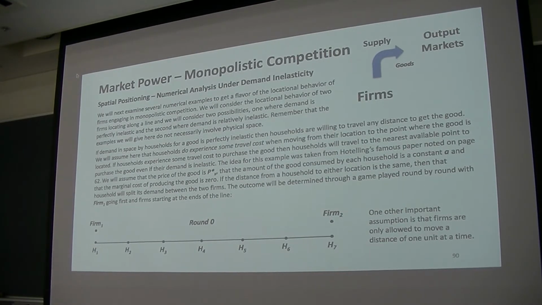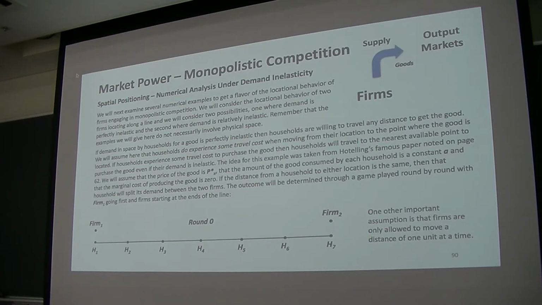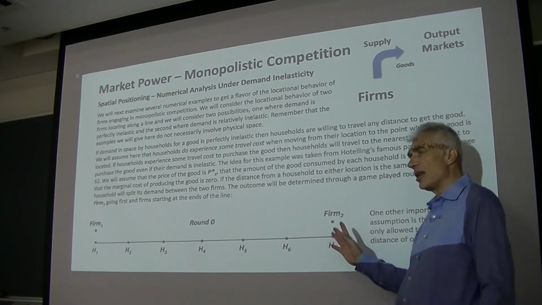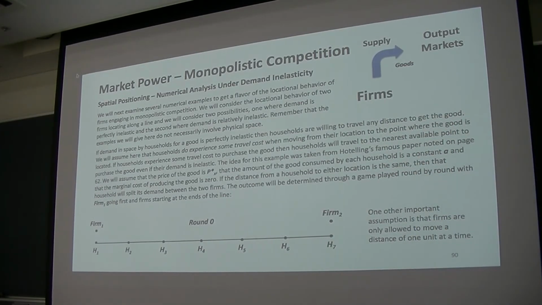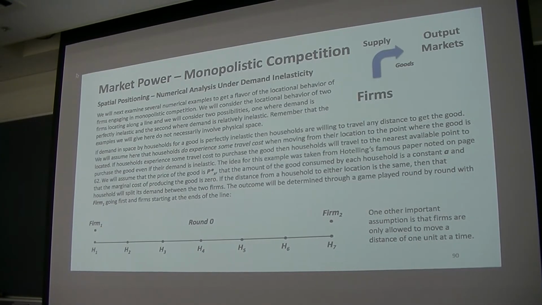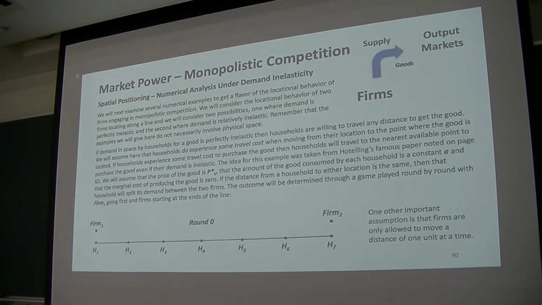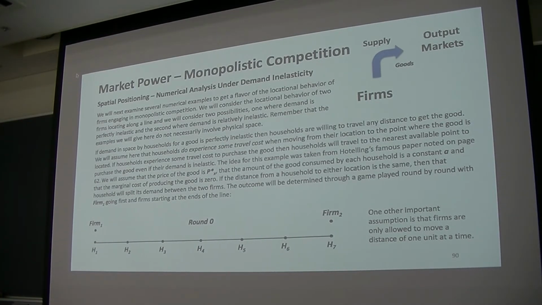It's like traveling a rail line, where the price is the same whether you go one station or 5 stations. So we're going to play this game round by round. The price is fixed, the amount of the good consumed is a constant, and the marginal cost of producing the good is 0.